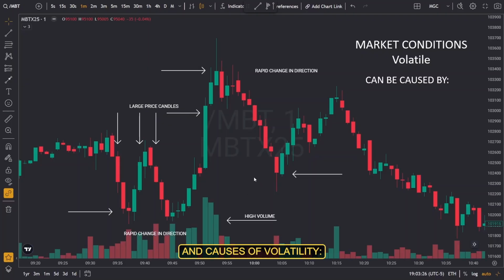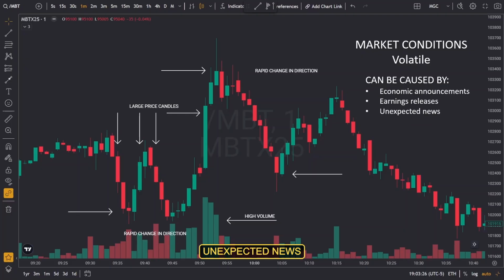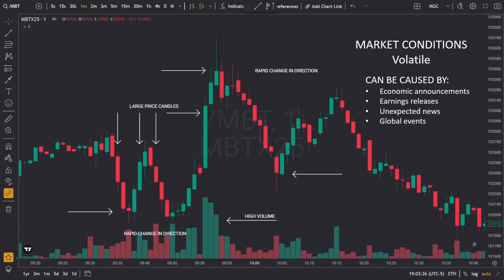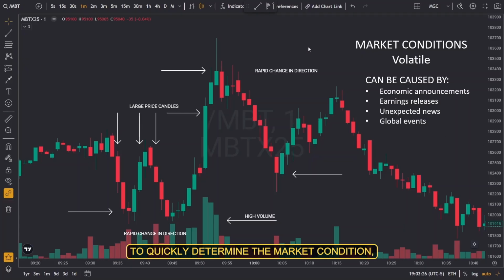The cause of volatility could be economic announcements, earnings releases, unexpected news, or global events. Why this matters to you? Volatility creates greater uncertainty. Predicting closing prices becomes more challenging, so it's important to recognize when the market is acting unusually fast or unpredictable.